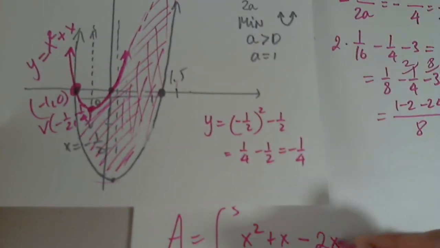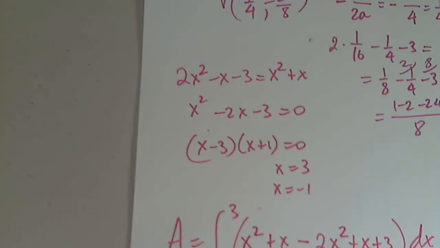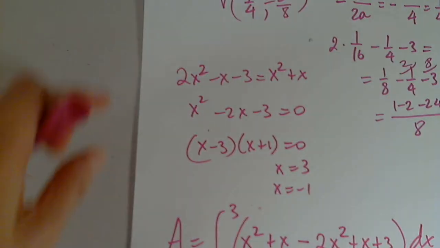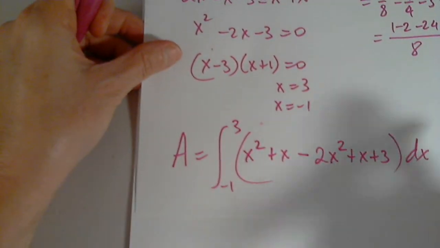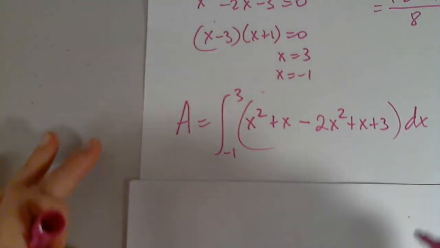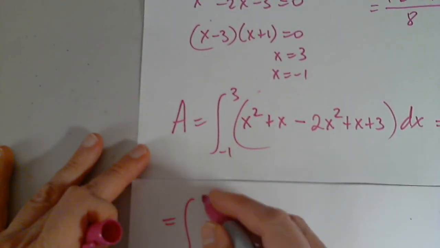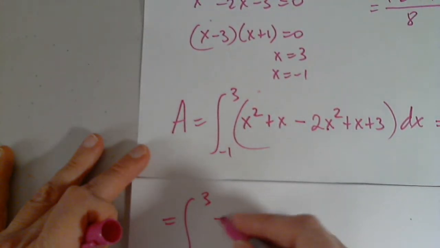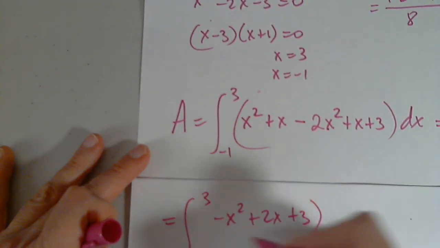So minus 2x squared plus x plus 3. Very good problem. Thank you for picking that. Okay, so at this point, I will simplify inside a little bit to make my life easier. Negative 1 to 3. So this is negative x squared, and it is positive 2x and plus 3 dx.